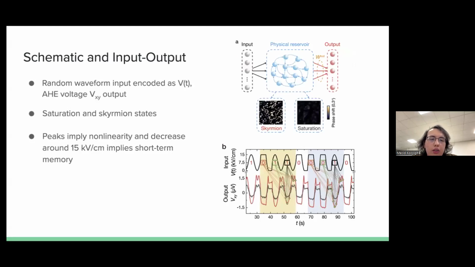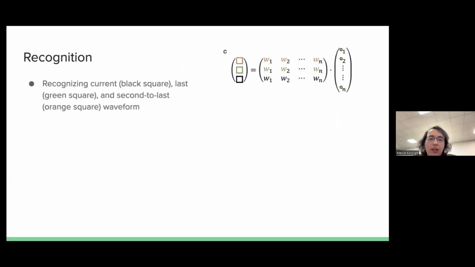These are sampled data points, and of course the input waveforms are denoted by the squares, and the lines in between them are for the weights. We can attach a weight to some of those lines and get a pretty simple recognition task done.